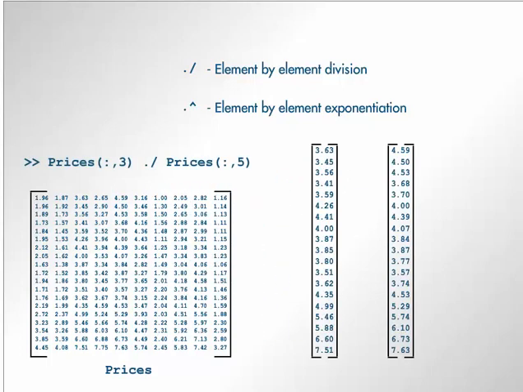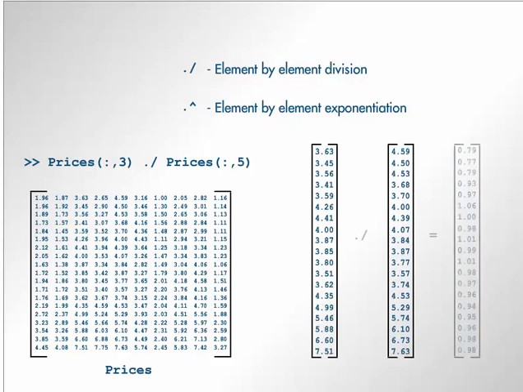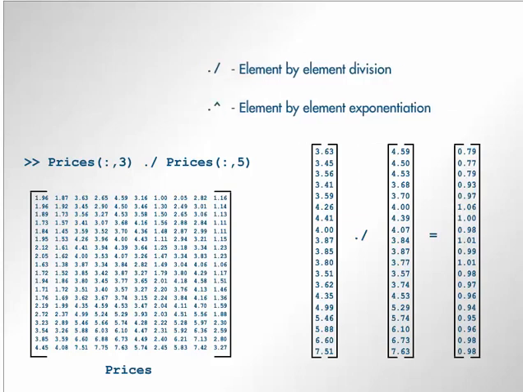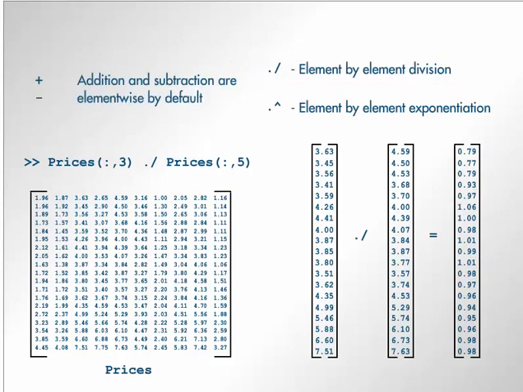For instance, you could find the ratio of two sets of gas price data by dividing them using element-wise division. This causes each element of one dataset to be divided by the corresponding element of the other dataset. Also, don't forget that addition and subtraction are always element-wise operations.